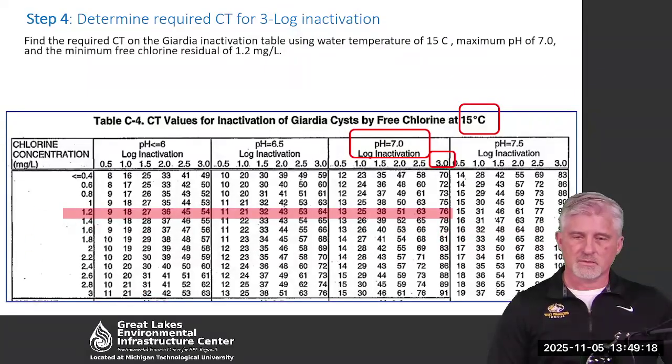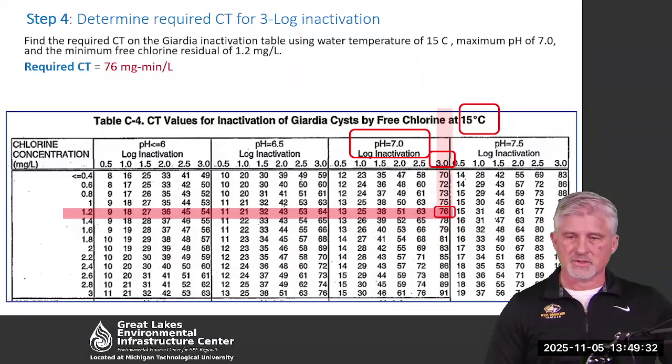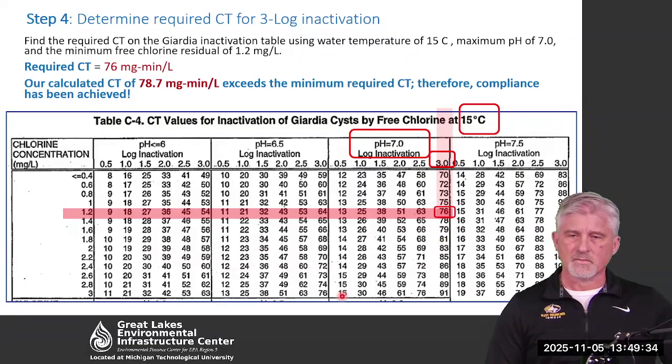You can see we're dialing this in, and that leaves us with a required CT of 76 milligram minutes per liter. We calculated it out to be 78.7. Since what we calculated is more than what's required, we've exceeded the minimum requirement and therefore we are in compliance.